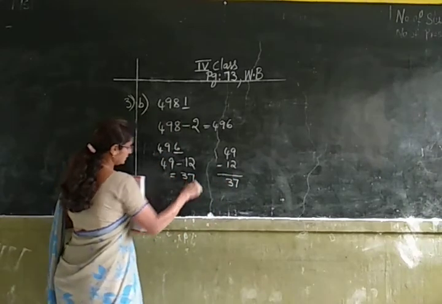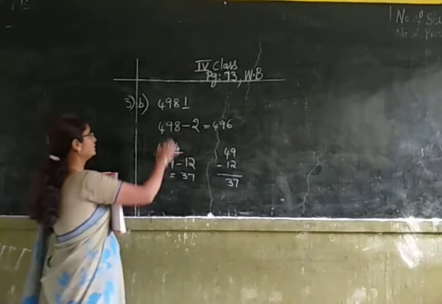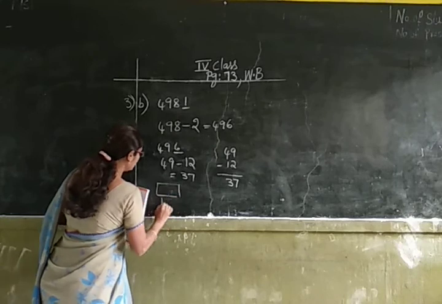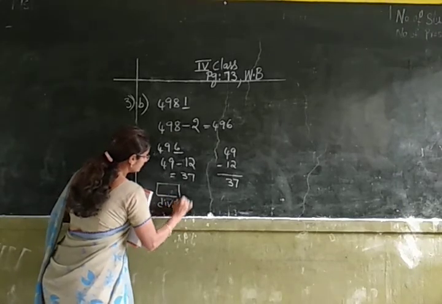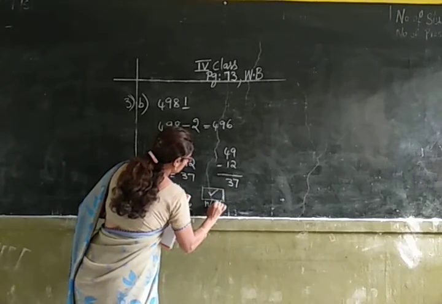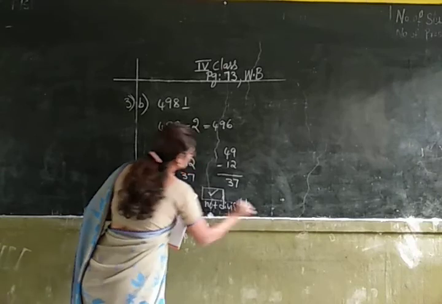That is 37. You all know that 37 is not divisible by 7. So 4981 is not divisible by 7. Not divisible. So all of you tick the box.